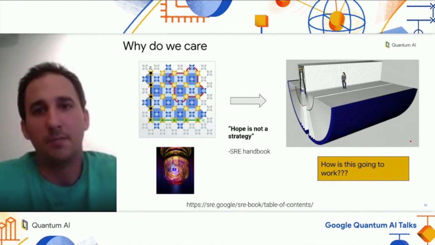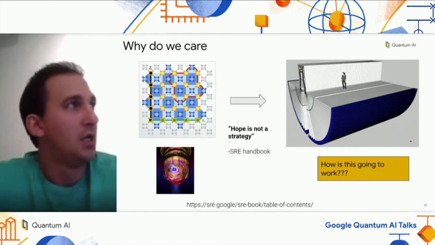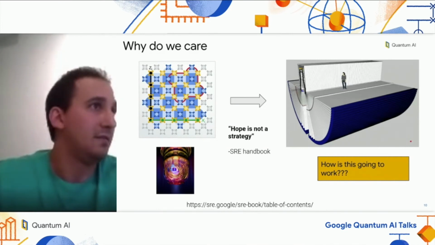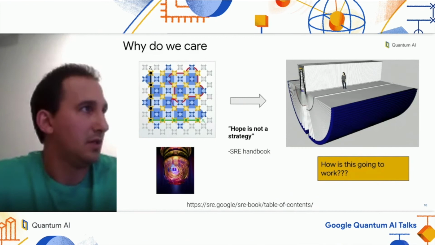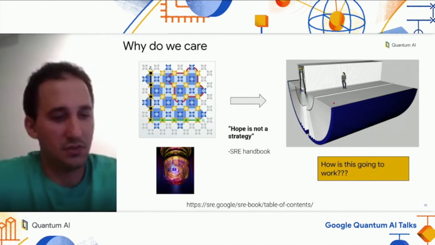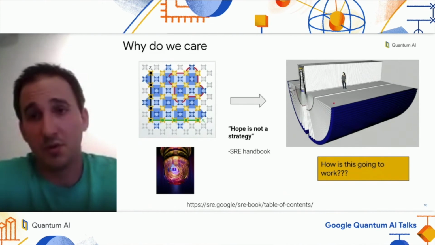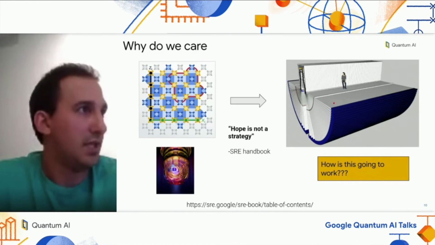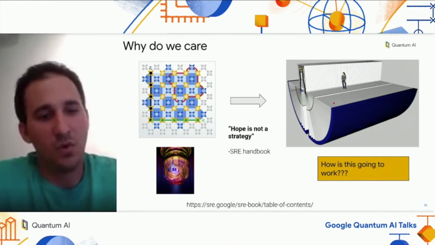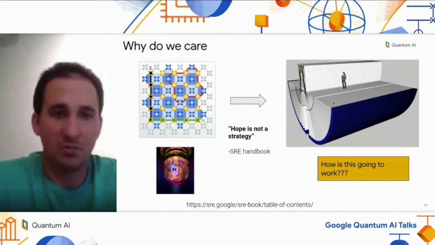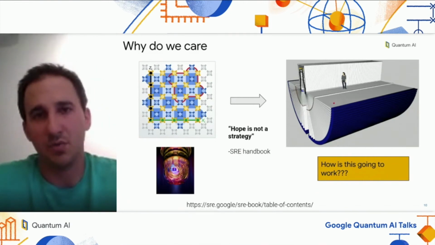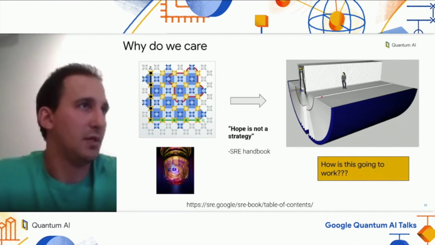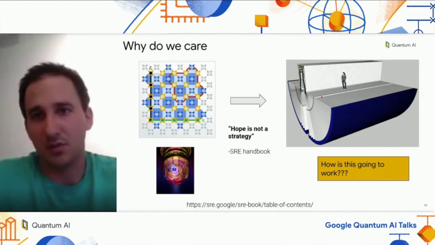The reason we care is because without being able to faithfully predict how a device is going to behave, even a small scale device or the larger scale logical memory, it's going to be impossible for us to actually scale up or engineer a device that works, because we won't know things like what component errors for each operation we need, or how we should design the circuit to minimize the total logical error in the fault-tolerant device.